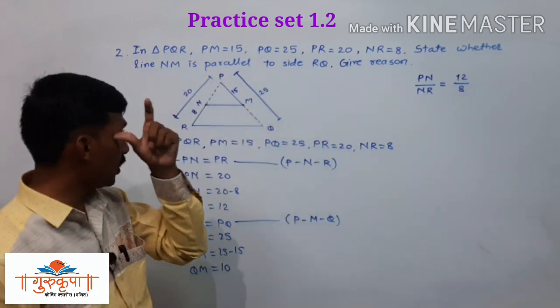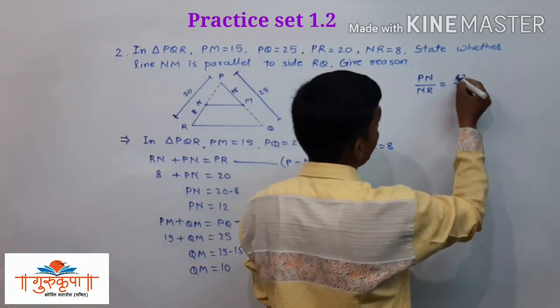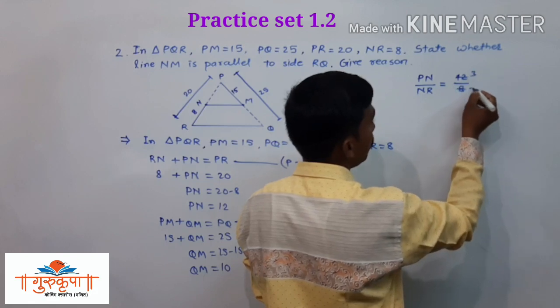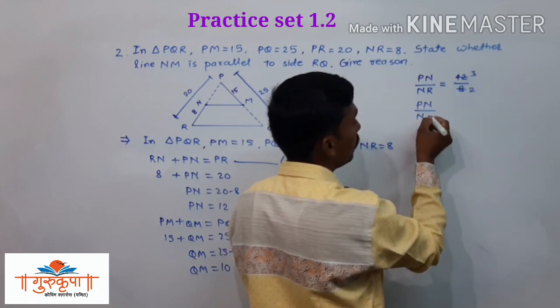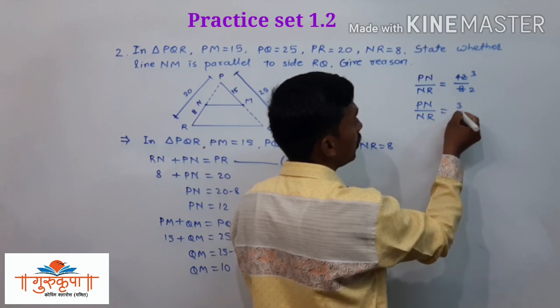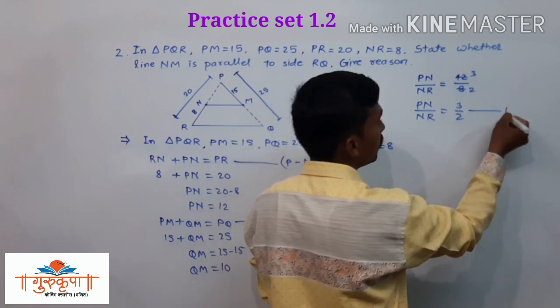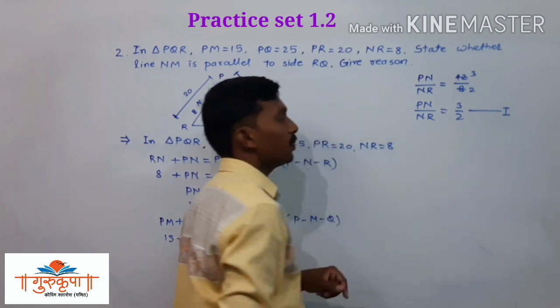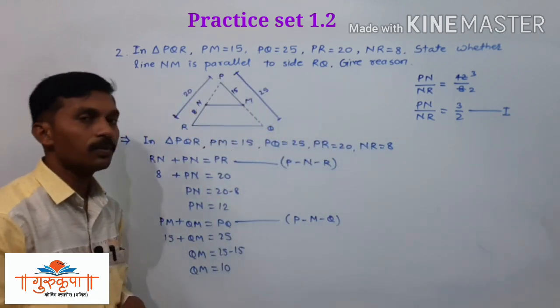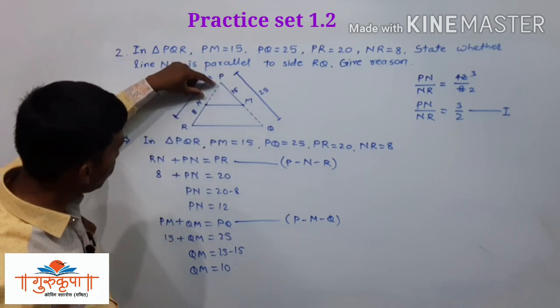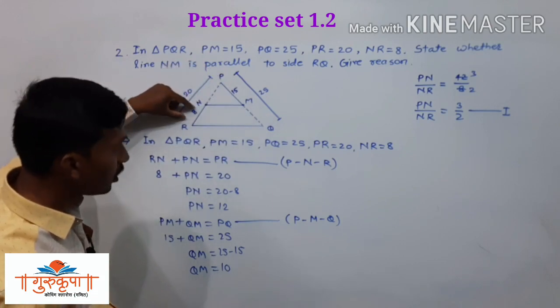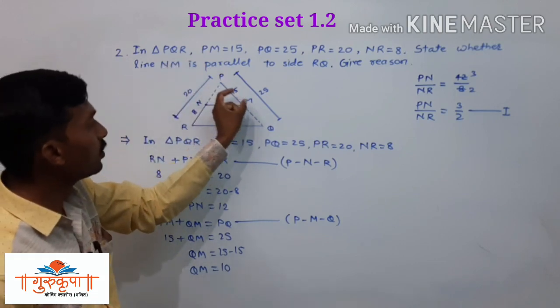Both are divisible by 4, so you can divide numerator and denominator by 4. 4 times 3 is 12, 4 times 2 is 8. So we have PN upon NR is equal to 3 upon 2. Represent it as equation 1. Now we have to find this ratio. Since we wrote this ratio as PN upon NR, we have to write this ratio as PM upon MQ.